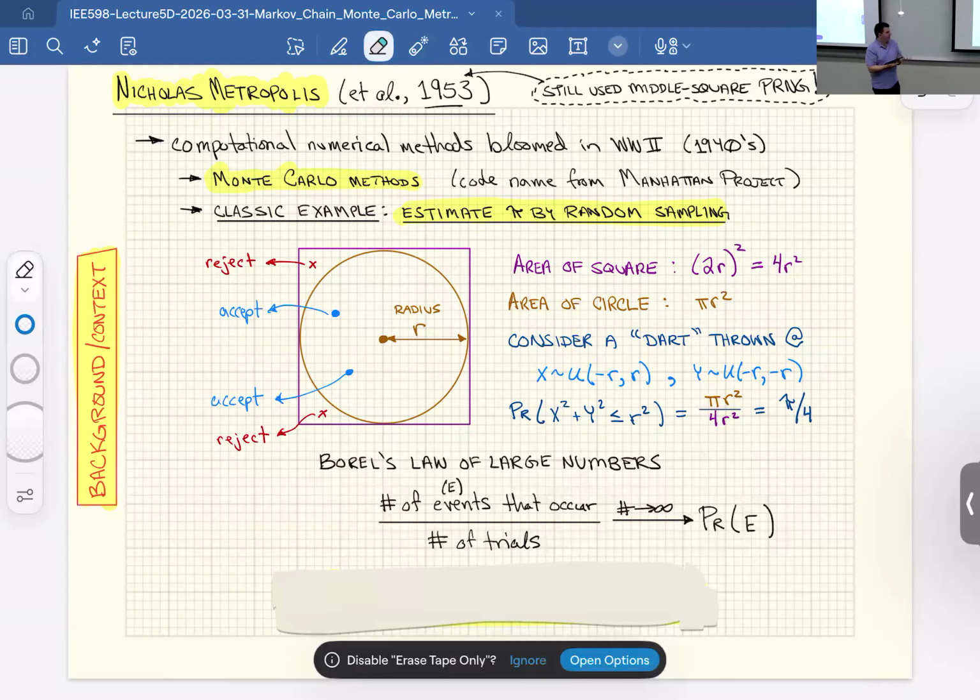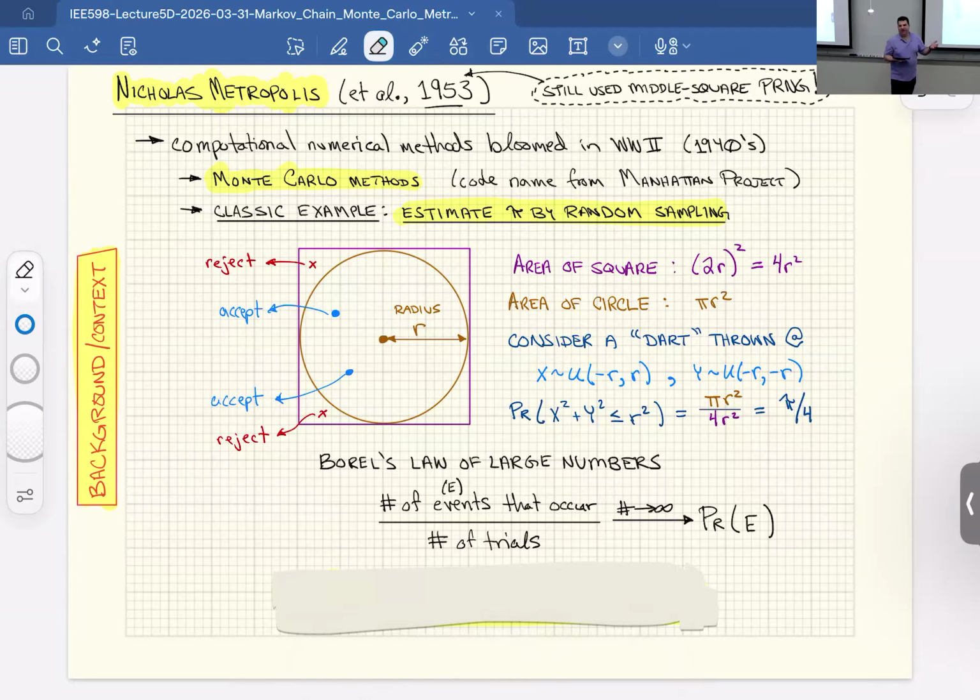So I can just take Borel's law of large numbers, where the number of events that occur divided by the number of times I try it, if I do that lots and lots of times, converges to the probability of the event.